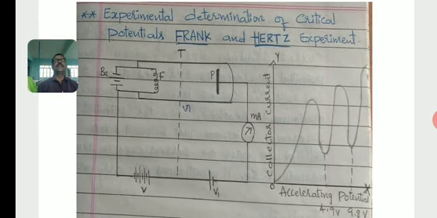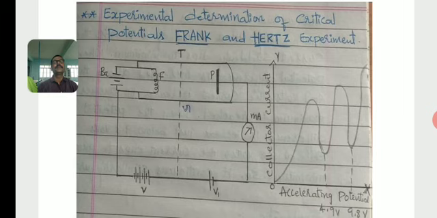Just look here. Here is the battery. A filament is connected to the battery, and the filament is placed in a tube. Then a plate P is placed in front of the filament.